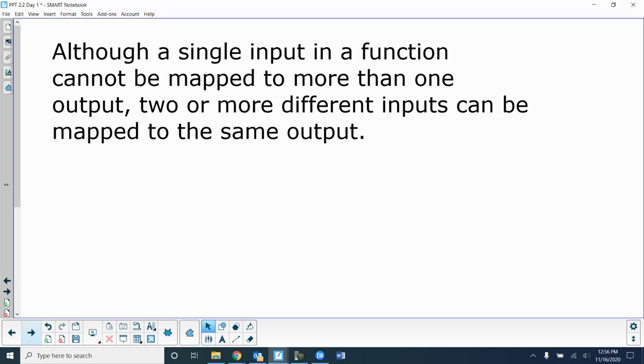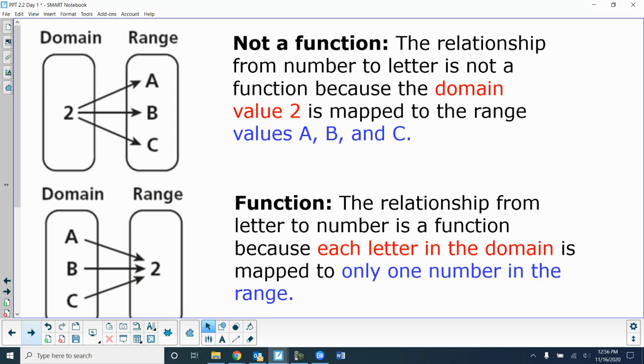So 1, 2, 3 could be mapped to 2. So I could have 1, 2, 2, 2, 3, 2. That's okay. You can have repeats in the y values, in the range. You just can't have repeats in the x's if you're asked if it's a function or not.